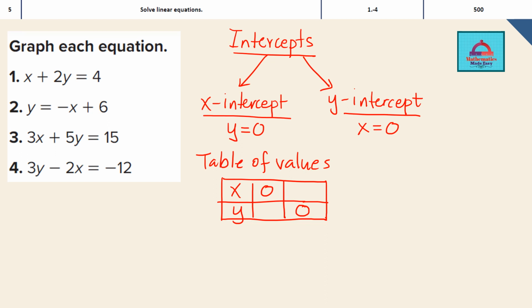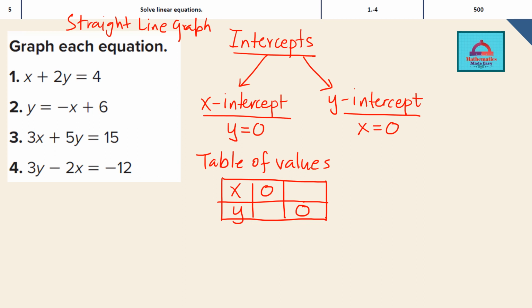Once we get these 2 points, we are going to plot them on the graph and connect the 2 points with a straight line. Since all of these are graphs of linear equations, we are going to get a straight line graph. So even before we draw, we know these graphs are going to be straight lines.